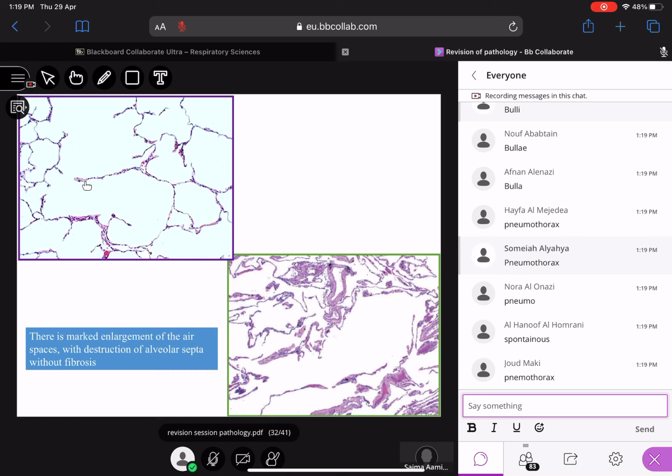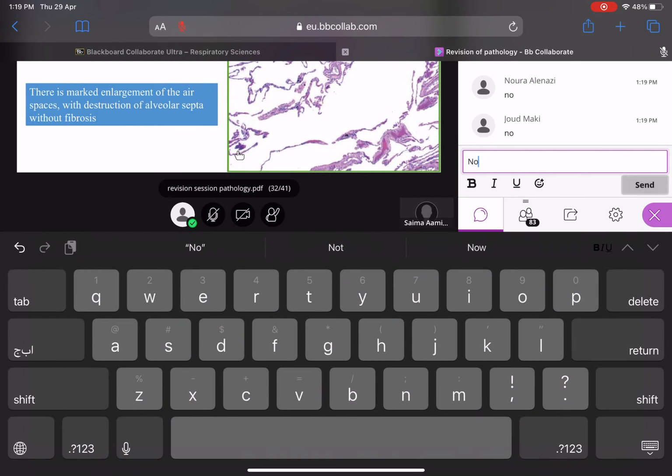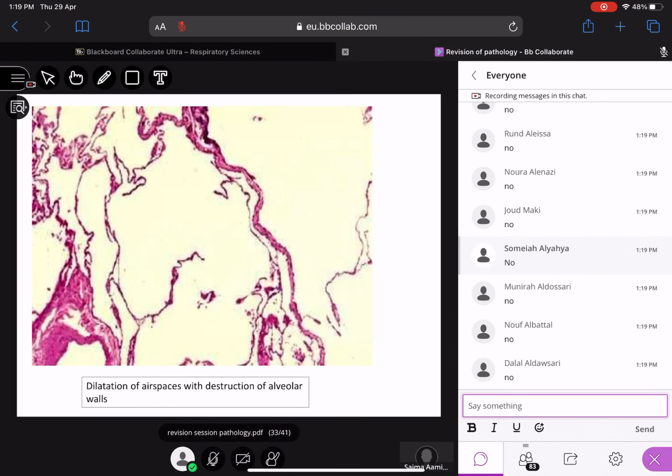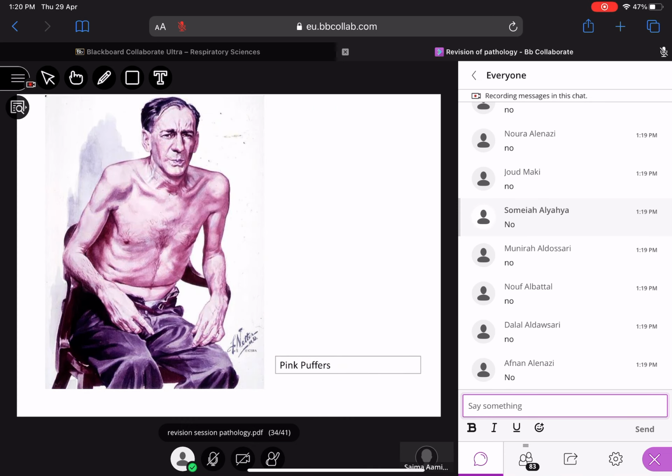There is loss of capillaries also. So same thing, destruction of wall and dilatation of air spaces. Is there any fibrosis? No fibrosis in emphysema, by which you distinguish it from interstitial or restrictive lung disease. Again, dilatation of air space, destruction of the wall, but no fibrosis can be seen.